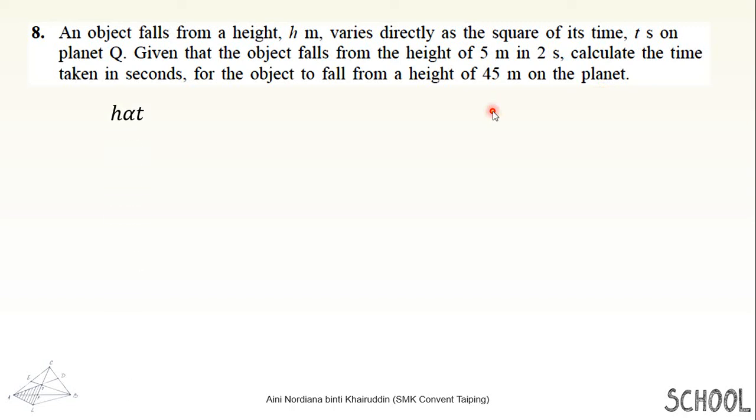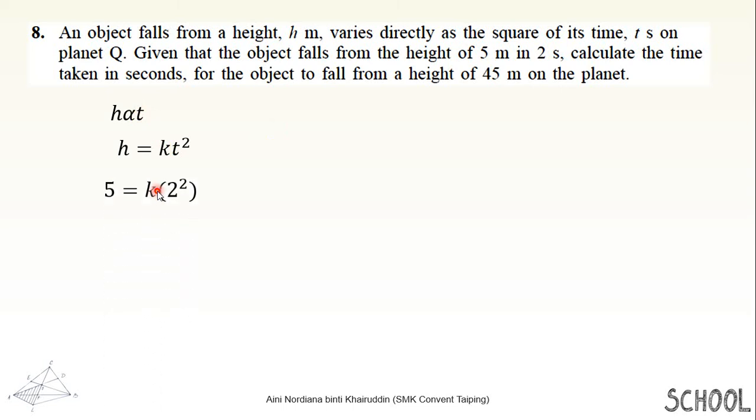So, the first step, h varies directly as t. This is the equation form. Here got a typing error. It should be t squared because it varies directly as the square of its time. So, I'm sorry for that.